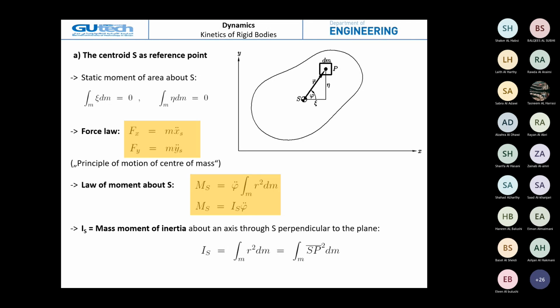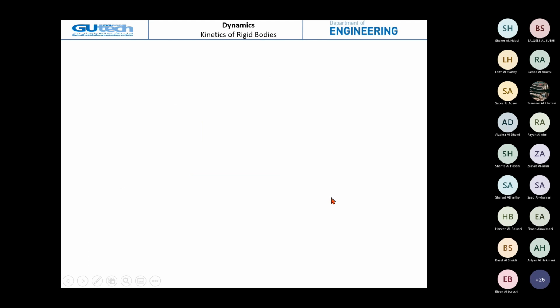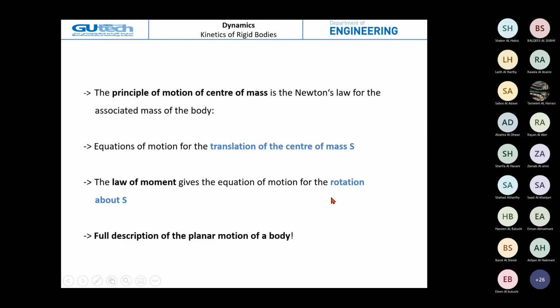By definition, it is the integral with respect to the mass m of r squared dm, where r is the distance between S and P. Now, the principle of motion of the center of mass is Newton's law for the associated mass of the body.